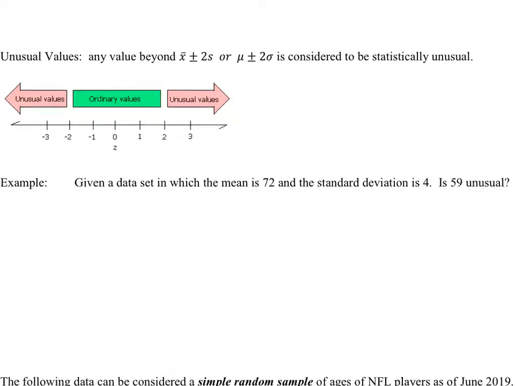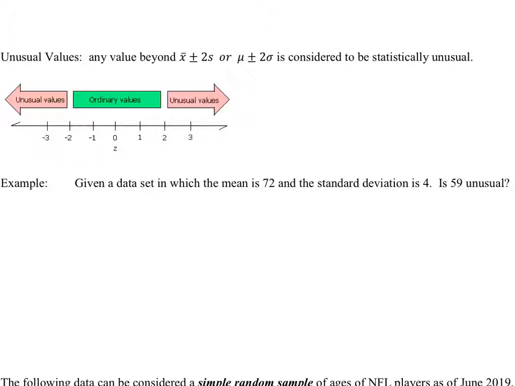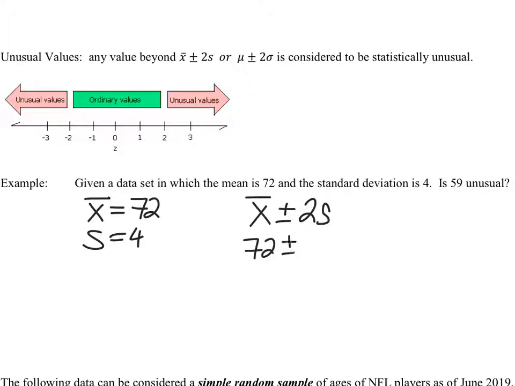So they're telling us here that the mean is equal to 72 and the standard deviation is equal to 4, and we're making a determination of whether 59 is unusual. We don't need fancy calculators for this because x bar plus or minus 2s is pretty easy to compute. 72 plus or minus 2 times 4. So 72 plus or minus 8.